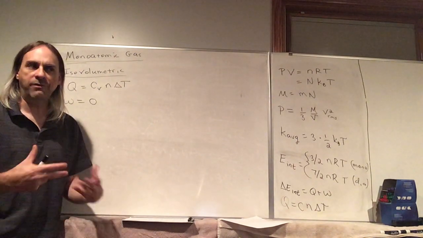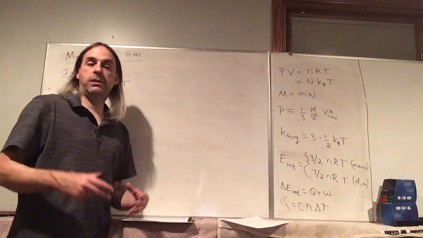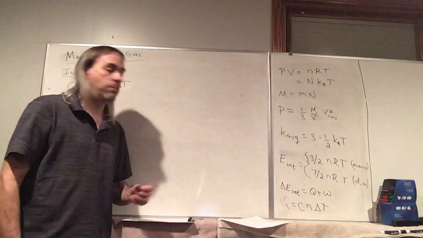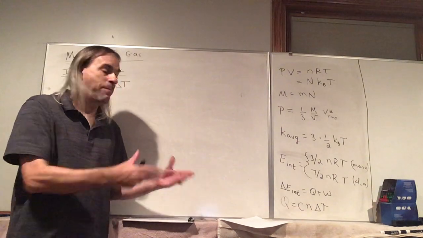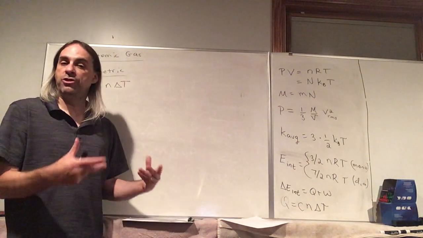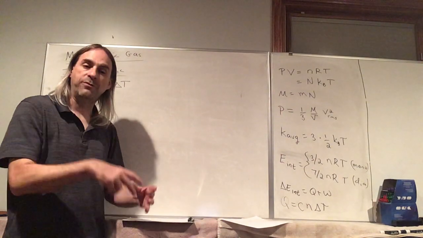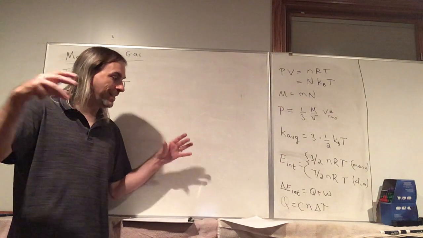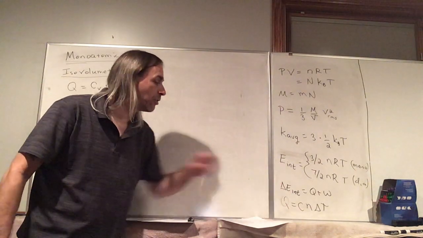And again, you don't have to memorize that convention. Just think, if energy is flowing into the gas, if Q is positive, then according to that equation, the internal energy is increasing, so we know heat is flowing in. Heat is just a form of energy. And so it's entering the gas, it's increasing the energy of the gas.